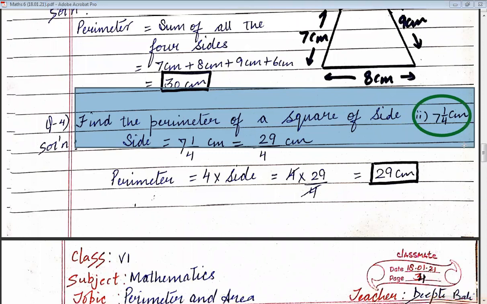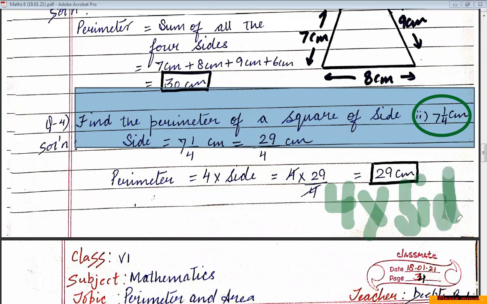You are given a mixed fraction. Now children, do you remember the formula of perimeter of square? Yes, the formula for perimeter of square is 4 multiplied by its given side. Now what is the side given here? Your side is given 7 1 upon 4. Okay, so this is a mixed fraction.